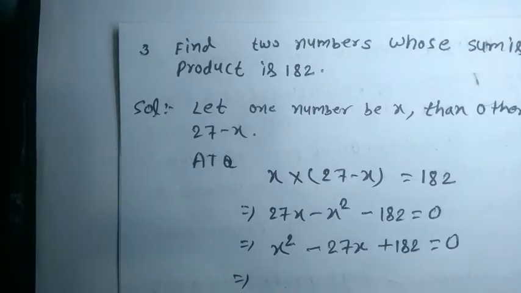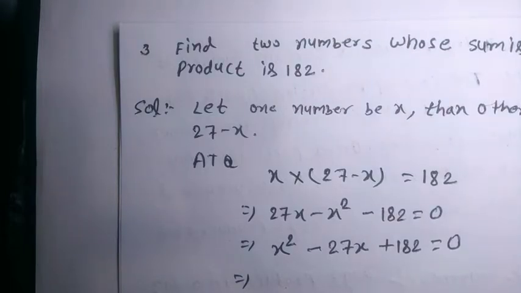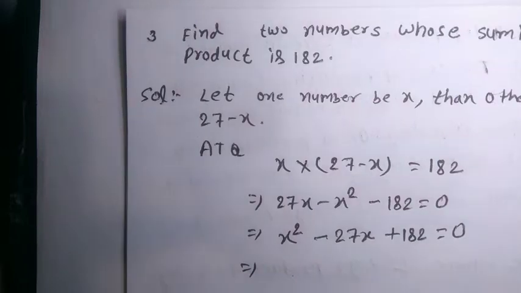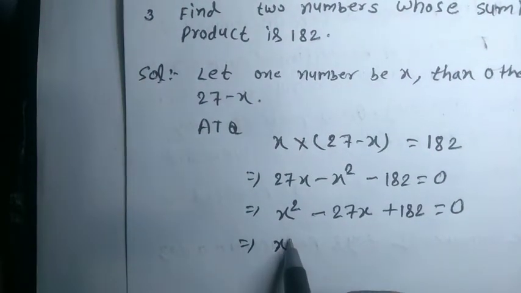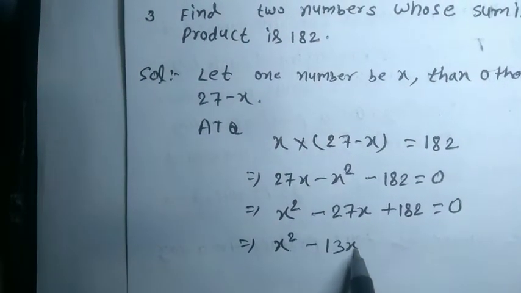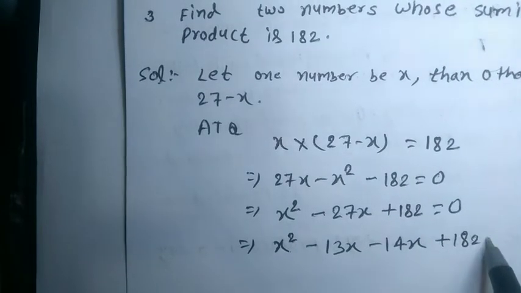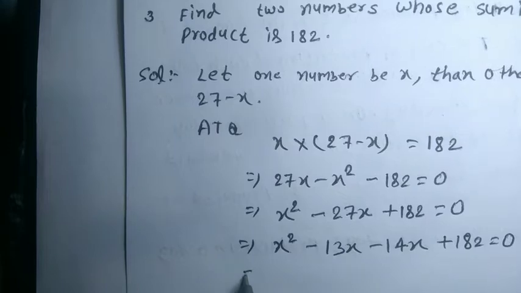Now we factorize 182 into two parts, such that the sum of these two parts is equal to 27. So 182 is 13 into 14. So we write here x square minus 13x minus 14x plus 182 is equal to 0.